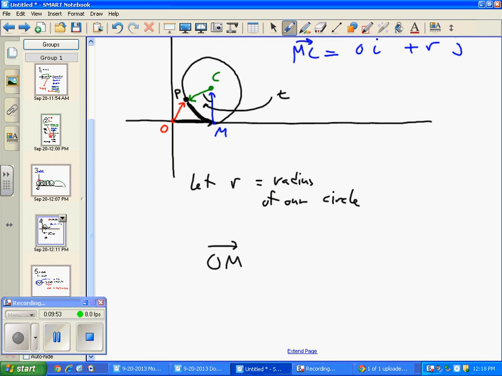And maybe it depends on what your teacher said to you at that point, but maybe you learned theta equals S over R, where S stood for arc length, and R stood for radius. Maybe that's what you learned. Okay? Or maybe a teacher just wrote S equals R theta. You know, and that's just an equivalent form of that equation.